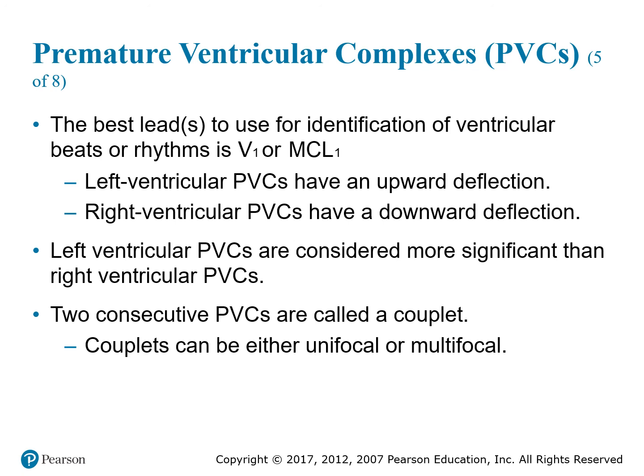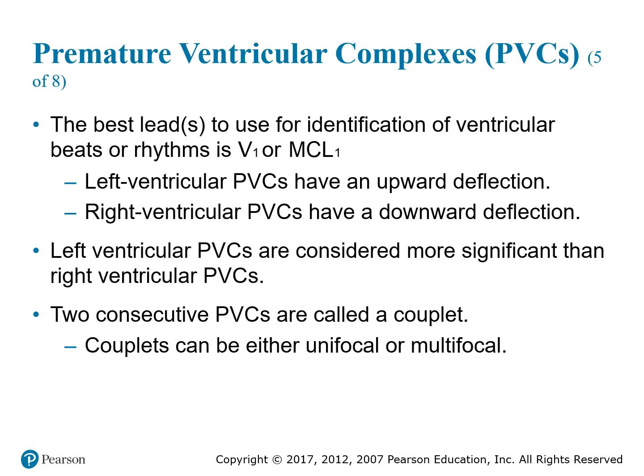The best leads to use for identification of ventricular beats or rhythm are V1 or MCL1. Left ventricular PVCs have an upward deflection, whereas right-sided PVCs have a downward deflection. Left ventricular PVCs are considered more significant than right PVCs.